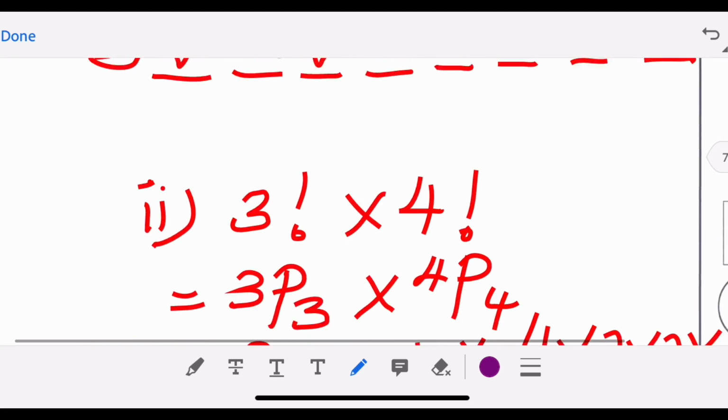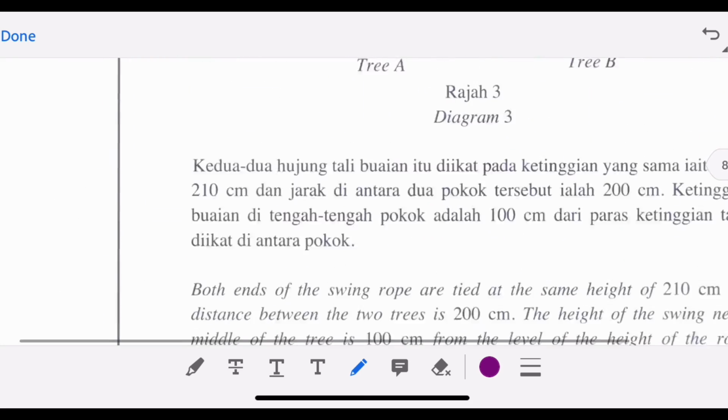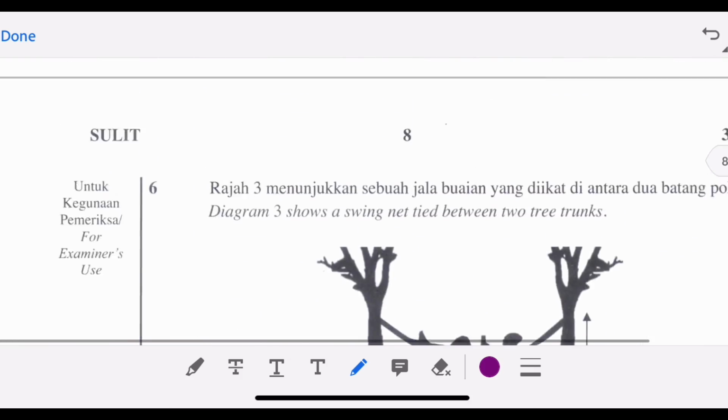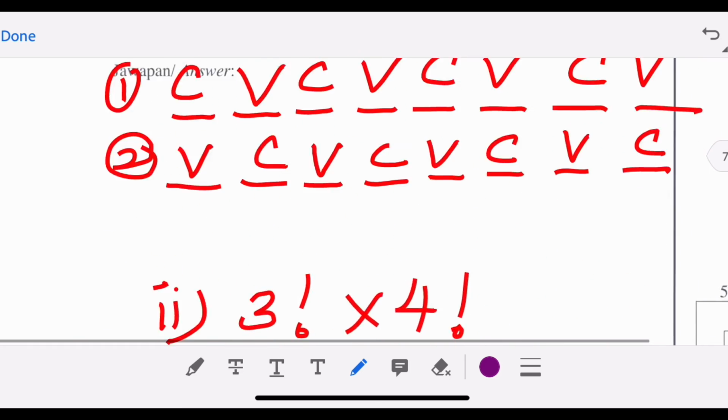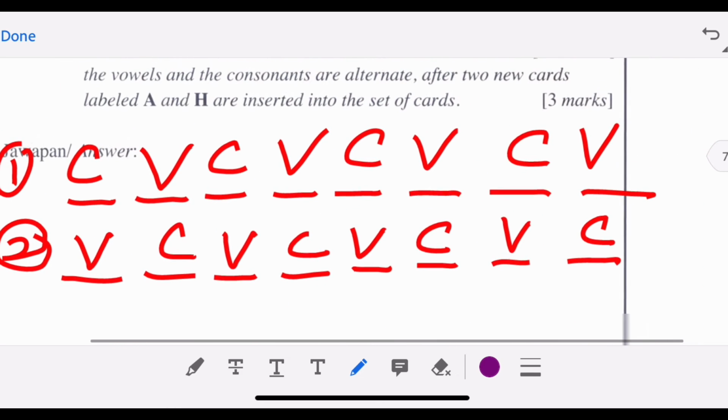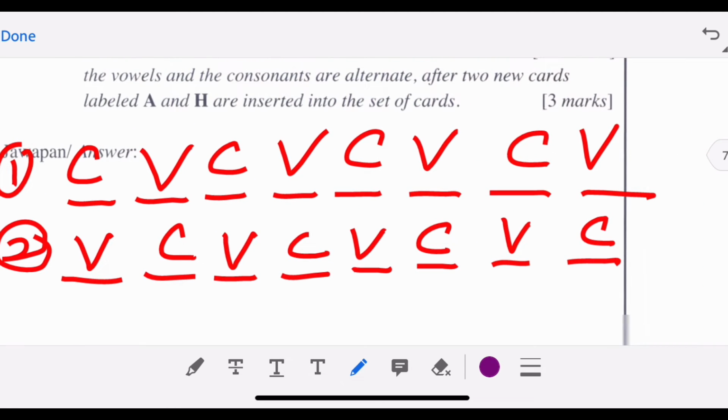So meaning that if I'm going to fill up with the consonants first, how many ways do I have here? I have 3 ways, followed by 2 ways, and then followed by 1 way.